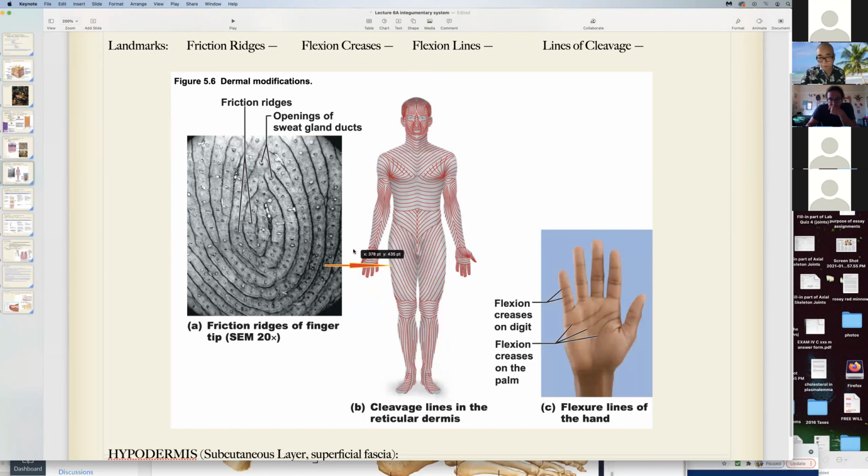So it would take much longer for the fibroblasts to repair that, and the scar is going to be much thicker and wider. If the incision is done parallel to these lines, then repair would be quicker and the scar would be much thinner. Okay.